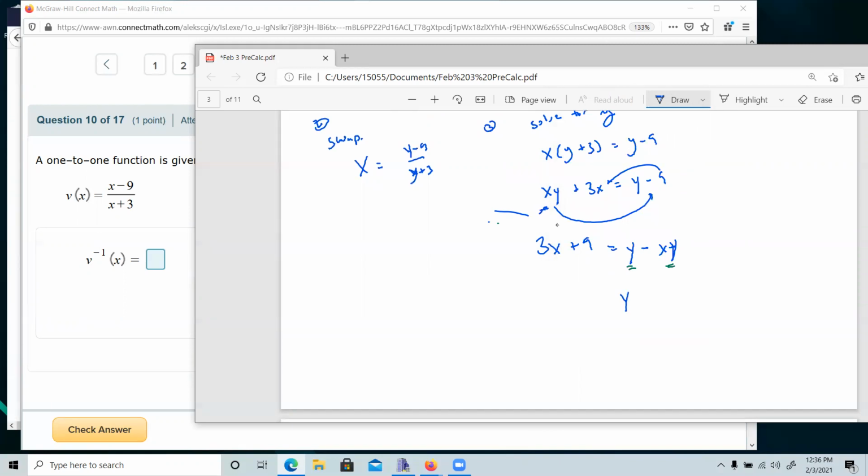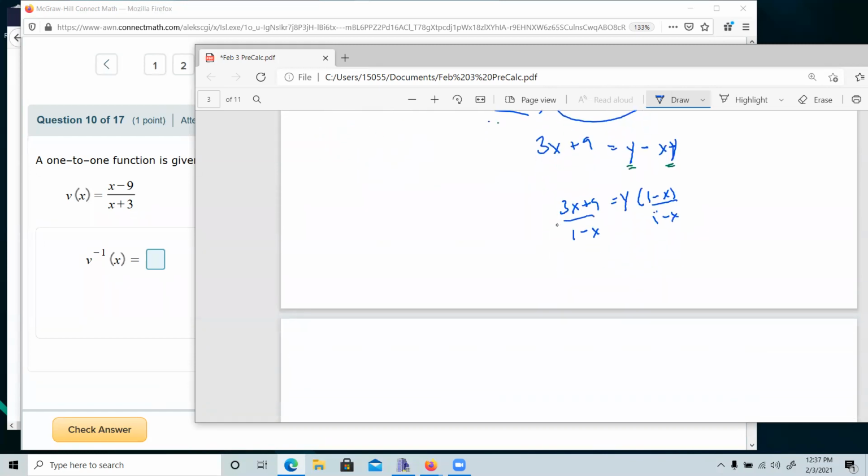So we're going to say this is y times (1 minus x) is equal to 3x plus 9. And then we're going to divide both sides by 1 minus x. And then we're going to get our function of y equals (3x plus 9) over (1 minus x). There's my inverse.